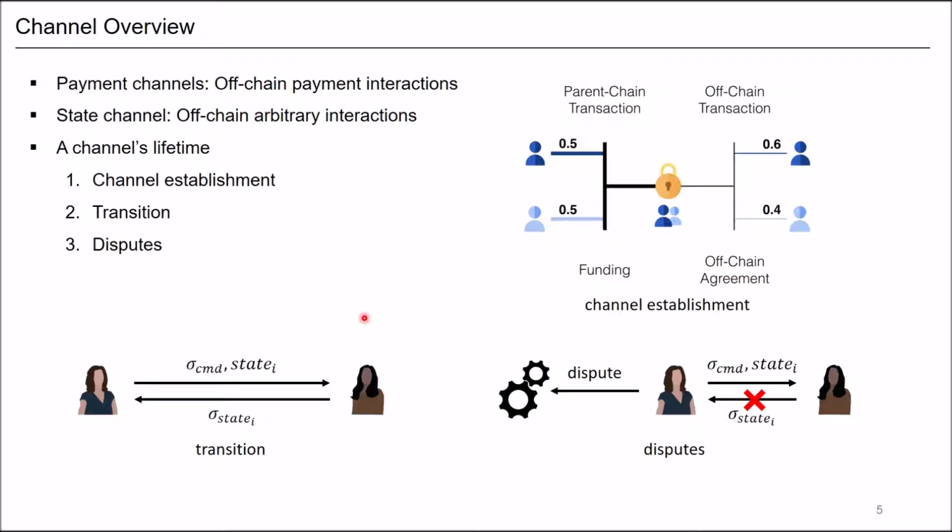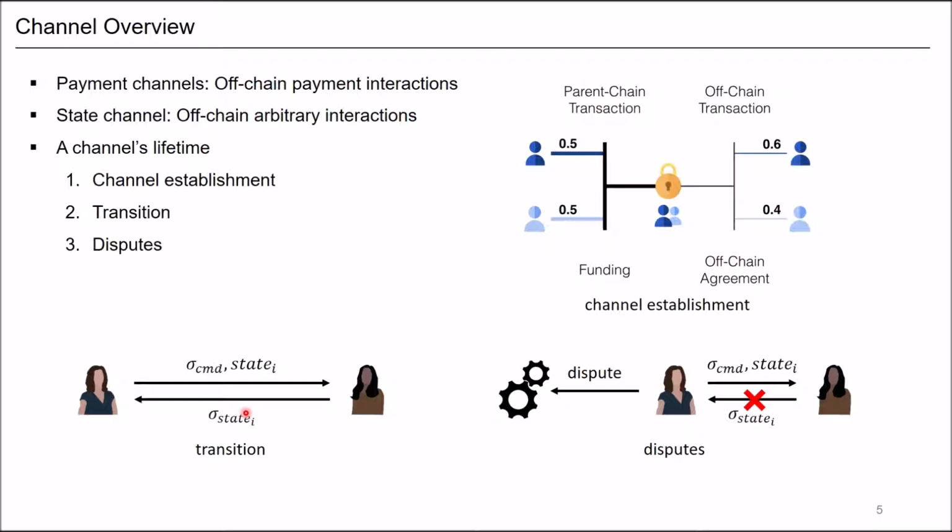First, one party proposes a new state transition by sending a signed command and the new state to all other parties, but in this figure only 2 parties exist. Second, all other parties recompute the state transition to verify the proposed state before signing it and sending their signature to all other parties.